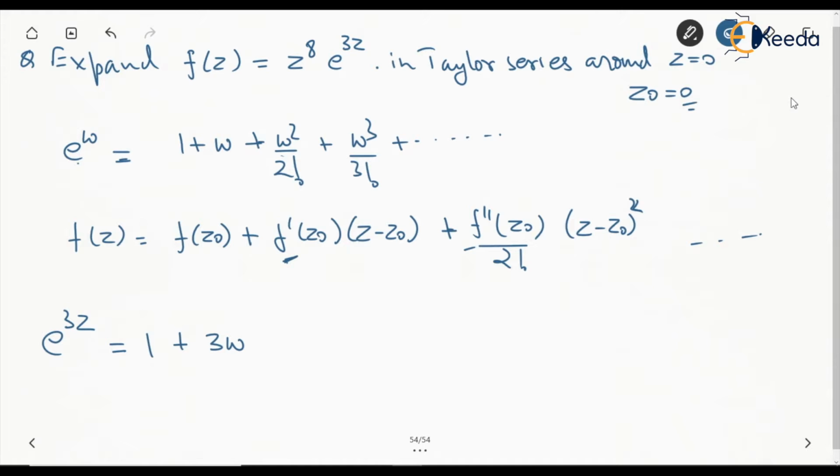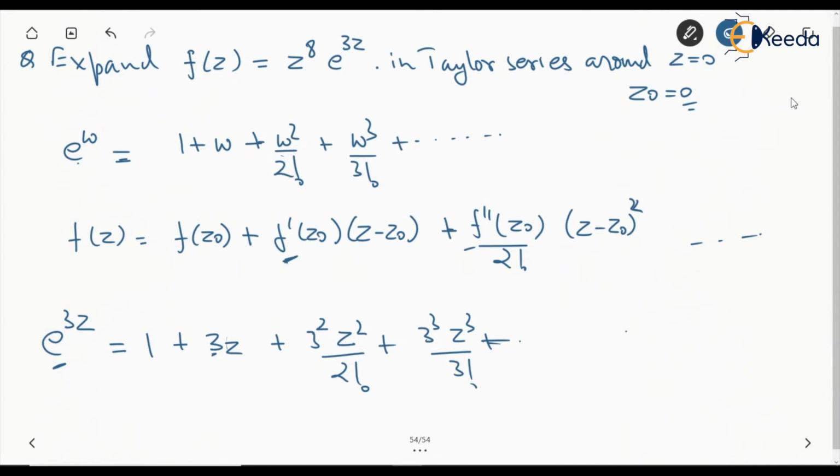Once we start differentiating f equal to e to the power 3z, we will have 3 coming from the differentiation, and then we will have it as 3z. So the next term is going to be 3 square z square by 2 factorial, then 3 cube z cube by 3 factorial, and so on, right? So this is what we are going to get.